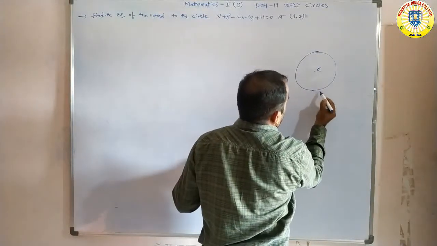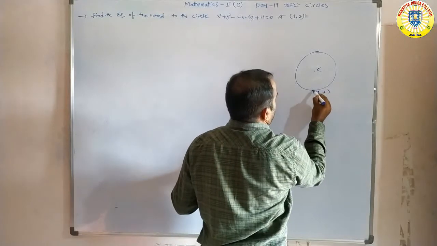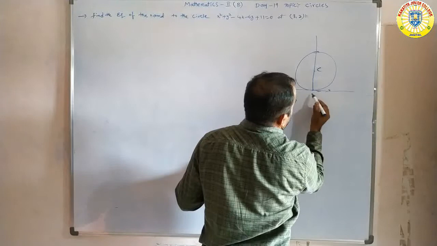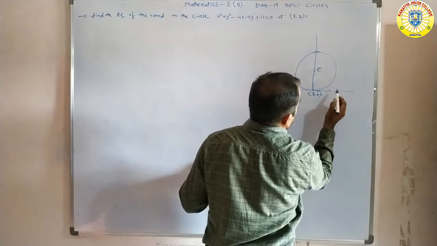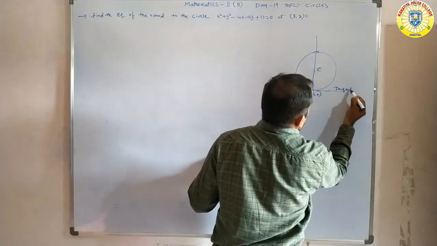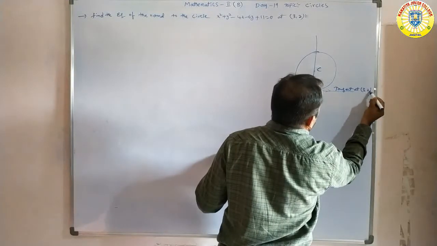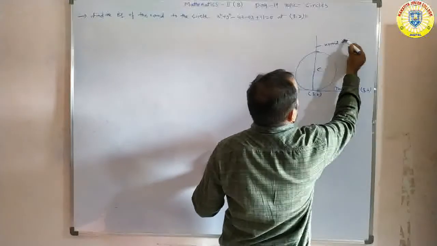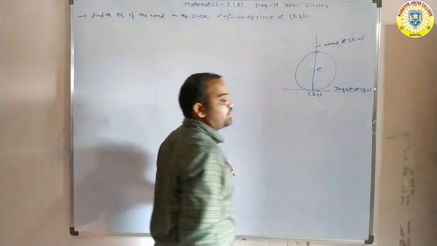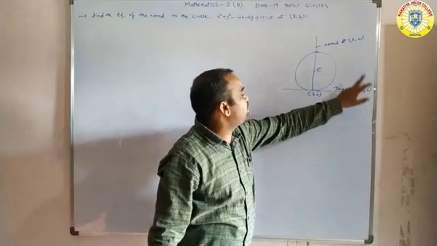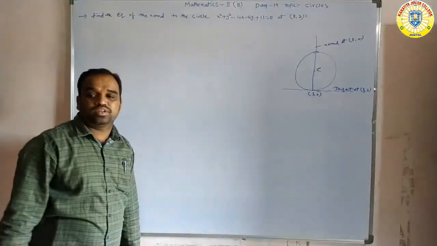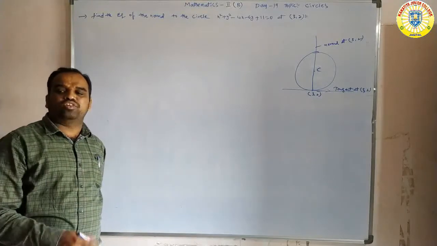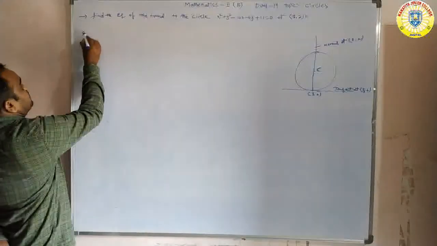We take the point 3 comma 2, and the normal must pass through the center of the circle. This is the tangent at the point 3 comma 2, and this is the normal at the point 3 comma 2. By the previous theorem we already have a direct formula. Now see the solution.